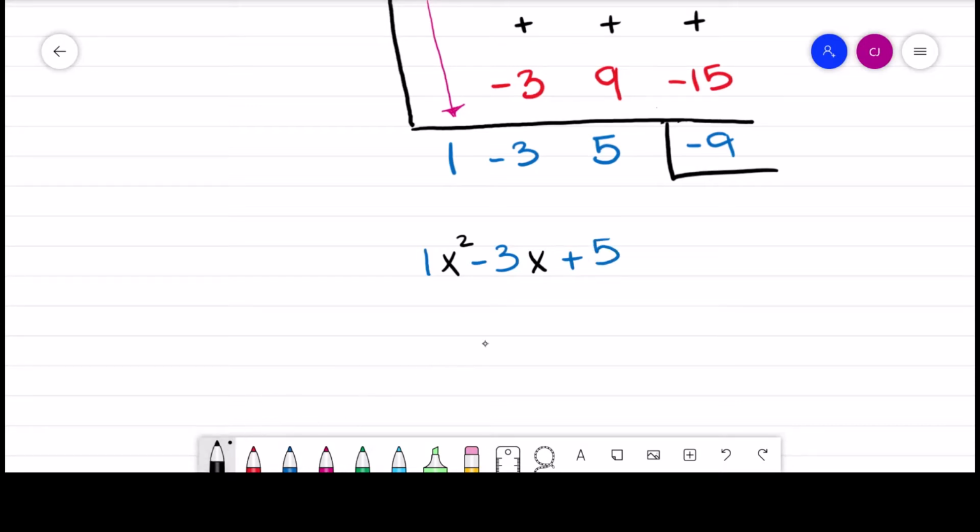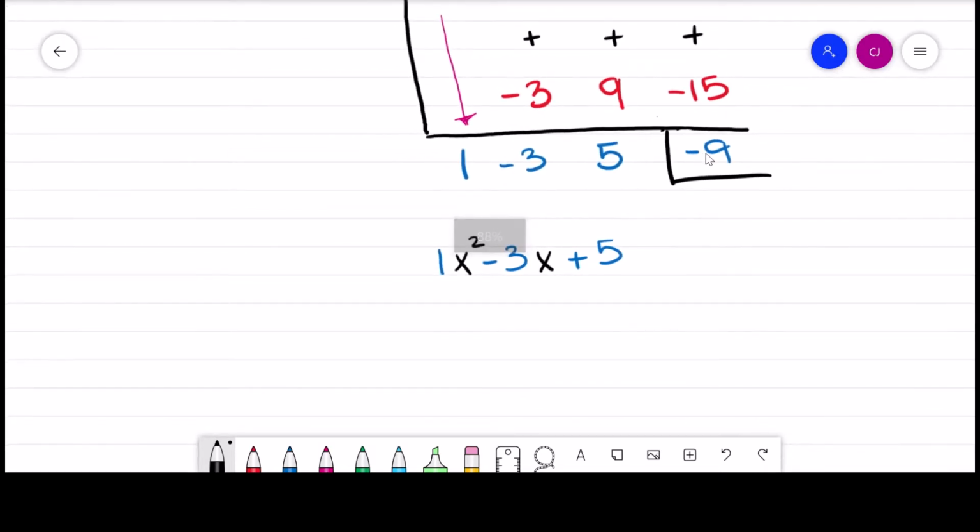My remainder, I'm going to write as a fraction, just like in long division. I'm going to take my remainder and write plus parentheses -9 over our divisor, which was x plus 3.